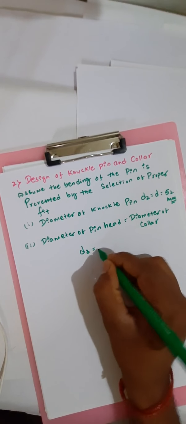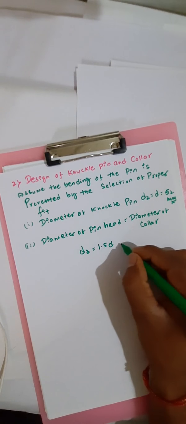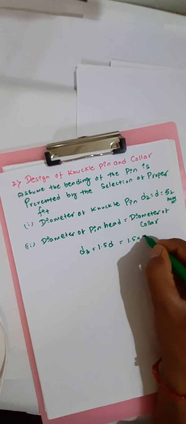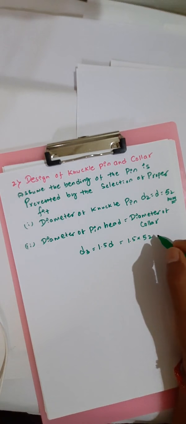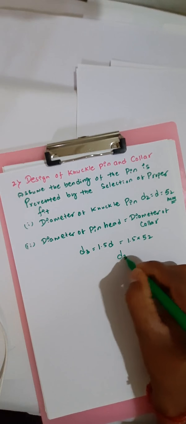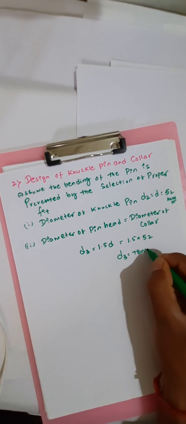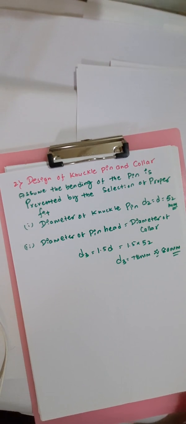D3 is equal to 1.5 D. Substituting D equal to 52, we get D3 equal to 78 mm. We make it 80 mm, the standard value, for the diameter of the knuckle pin head or collar.